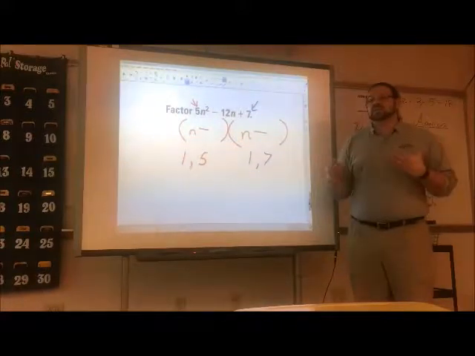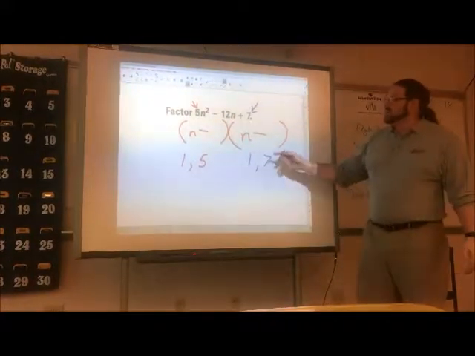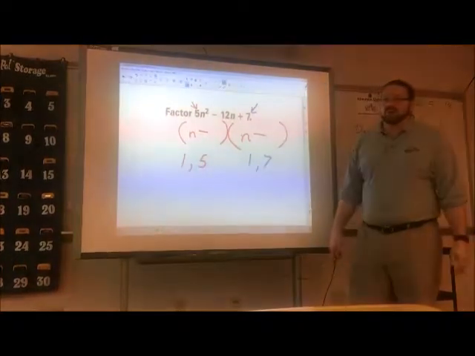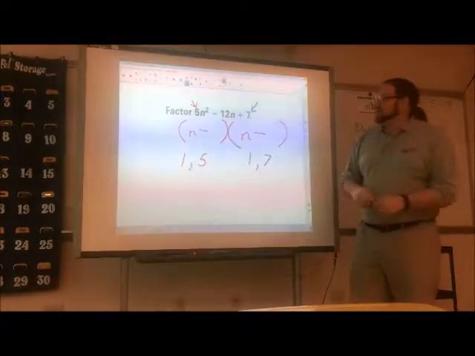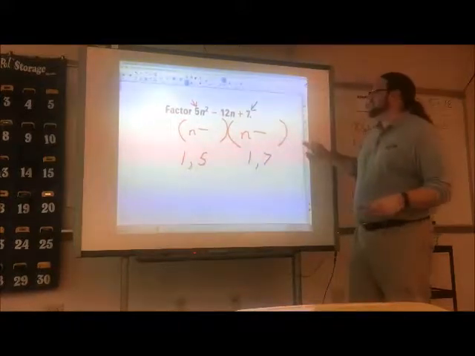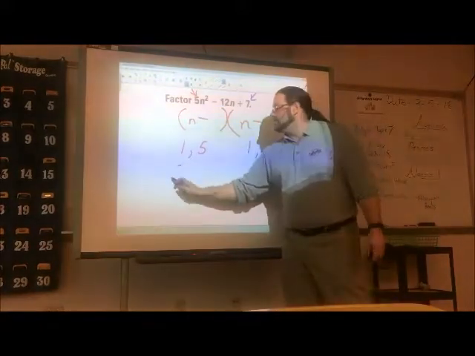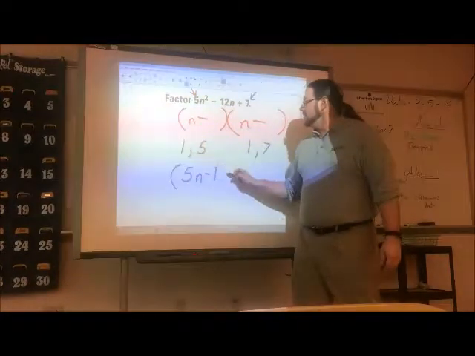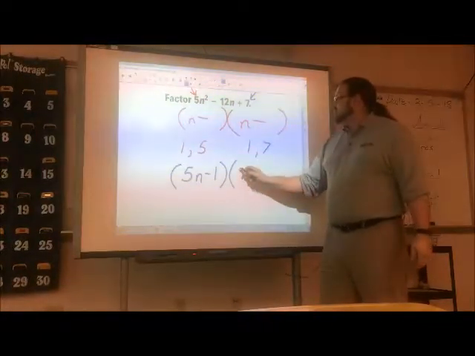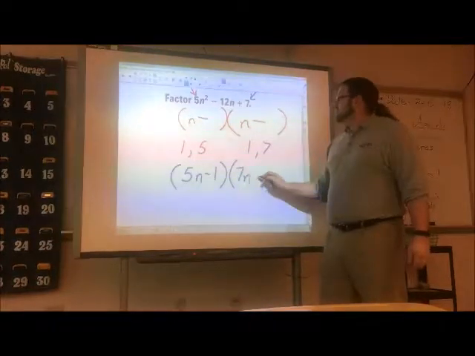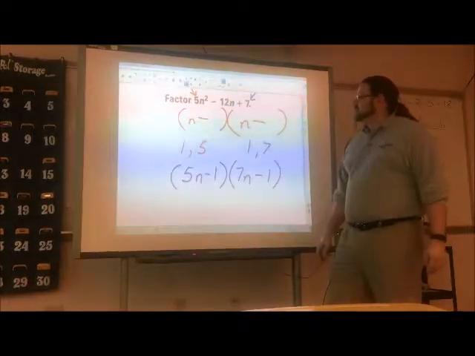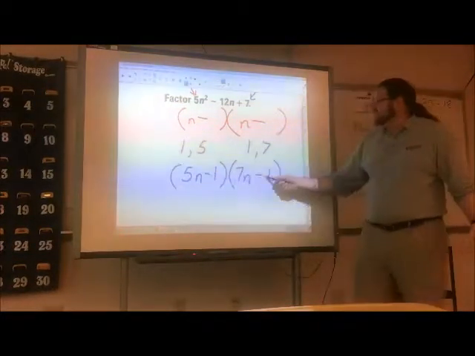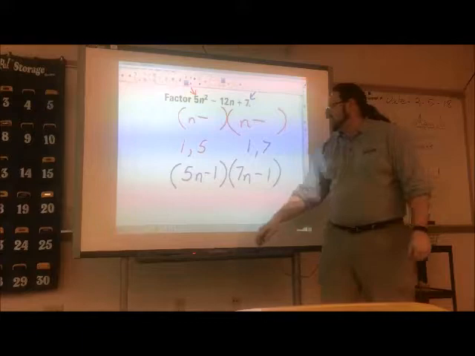I need to pick numbers and put them in so that when I do my FOIL, I end up with -12. For an example, if I was to say, put in 5n minus 1 and 7n minus 1, okay? If I was to put them in like this, obviously you see right away, -1 does not give me +7.